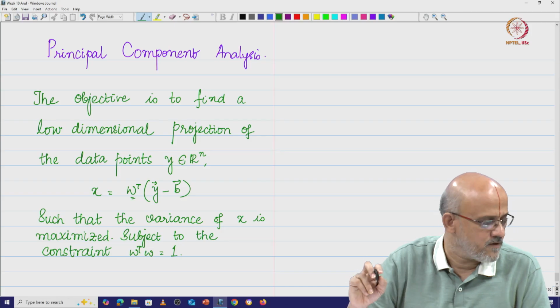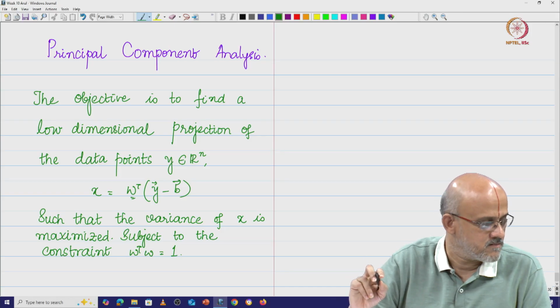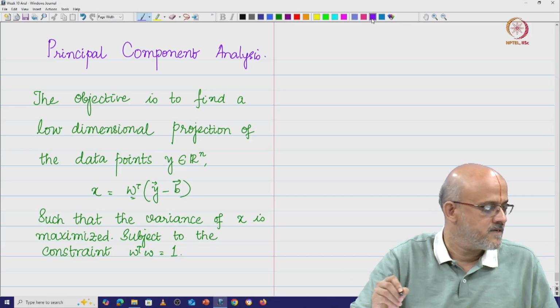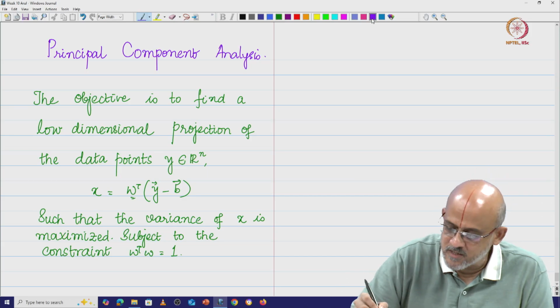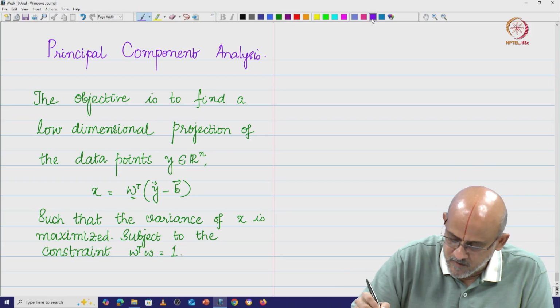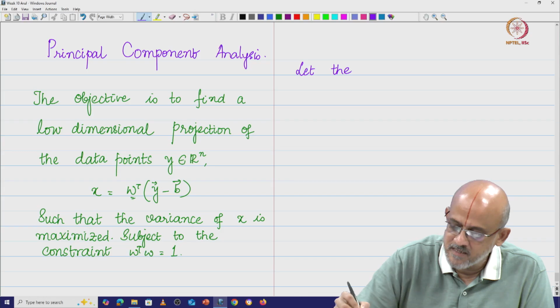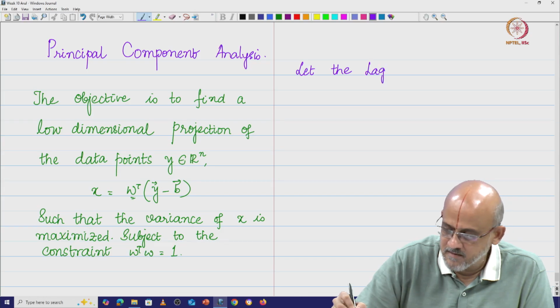So, first of all, let us do this Lagrangian. Let L be the Lagrangian formulation.